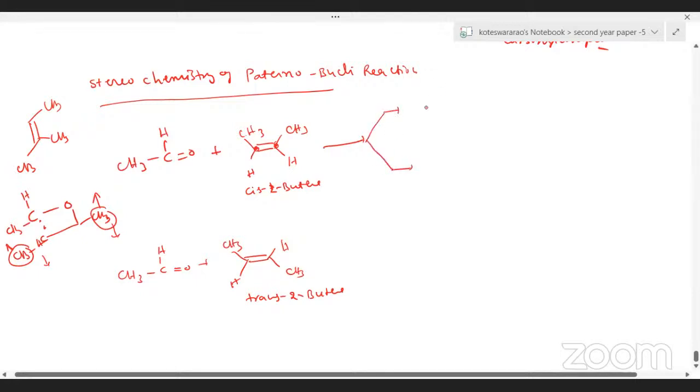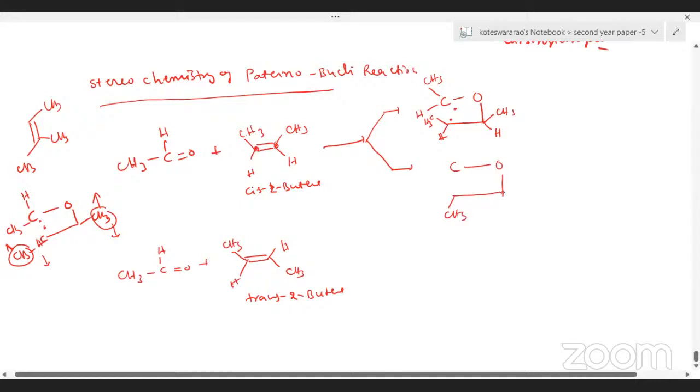I'm showing here CO, the OH, the CH3 group is arranged above the plane, and the hydrogen is arranged below the plane. Now, the first kind, both methyl groups are cis, therefore arranged above the plane, and the hydrogens are below the plane. This is one kind of diradical, and the second kind of diradical, what is that?